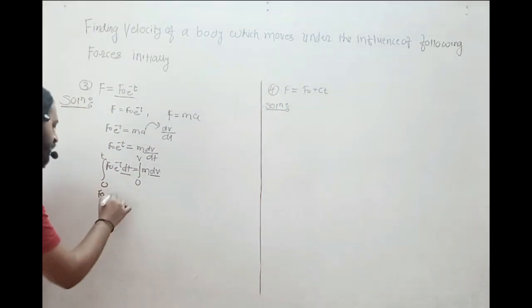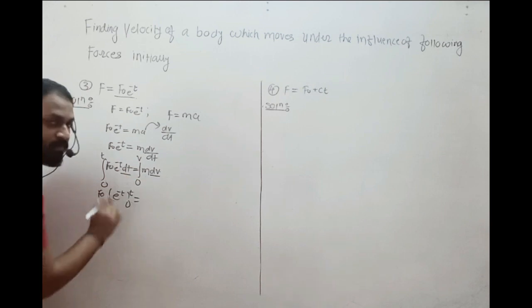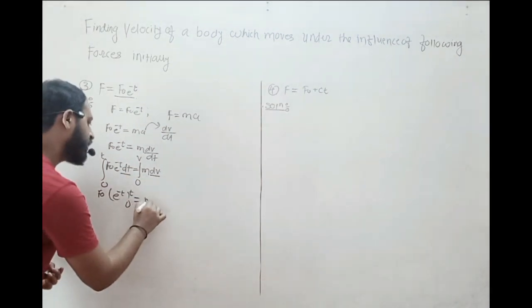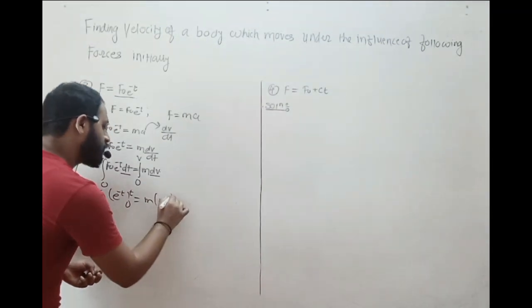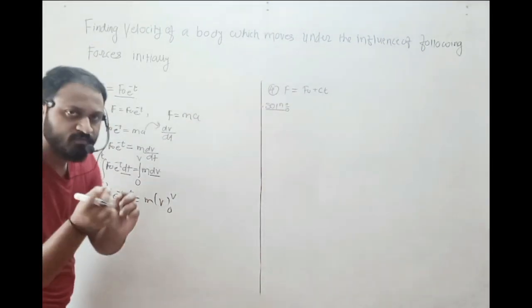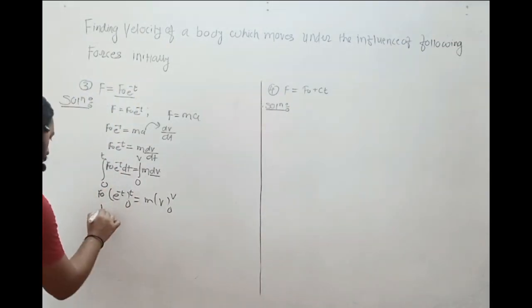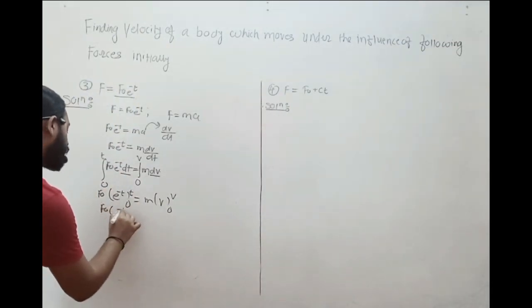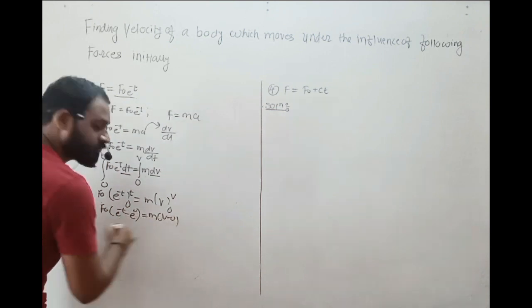Integral of e^(−t) is e^(−t), 0 to t. m constant, take it outside. Integral dv is v, 0 to v. Just put the upper and lower limit. F0 (e^(−t) − e^0) = m(v − 0).